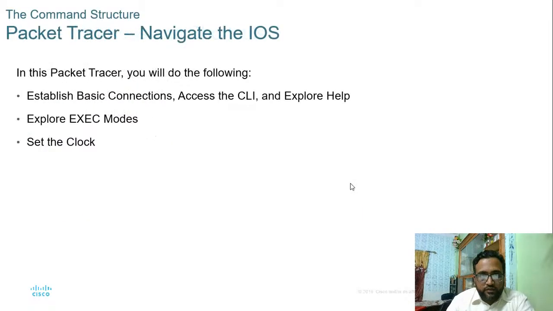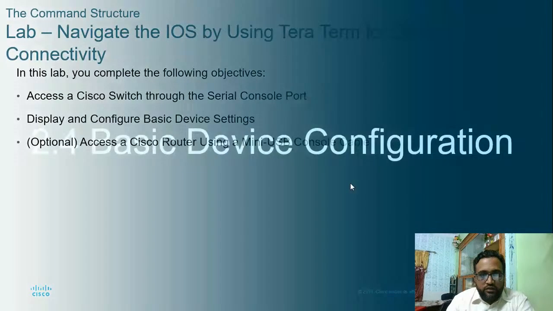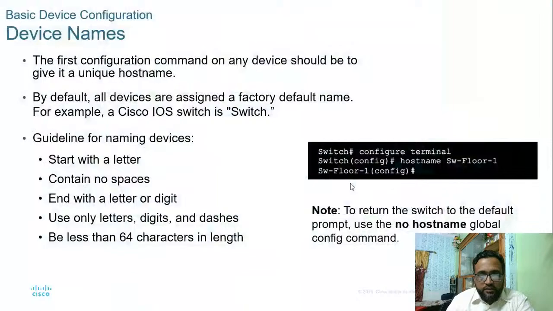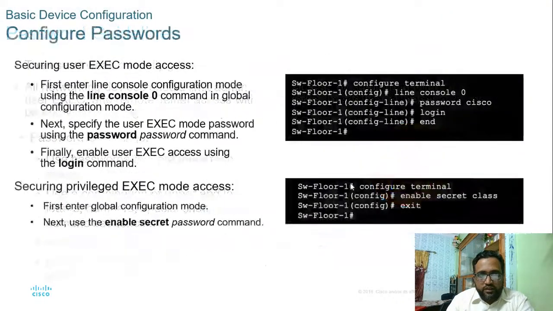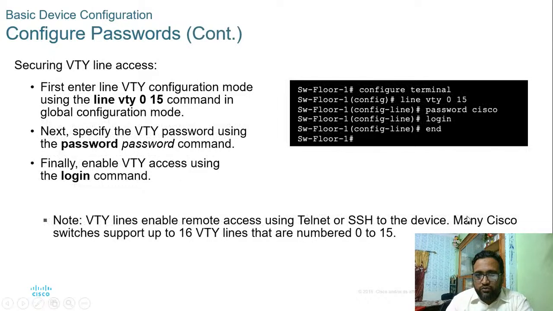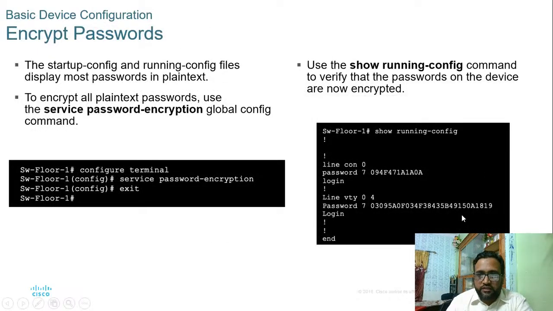These are all the basic device configuration. In this, you can see we have set the host name as well, and we have set different passwords. We have covered all of these slides in our lecture just now. We have also configured the terminal VTY lines, and then we accessed the router.